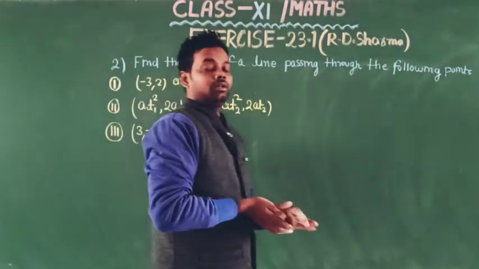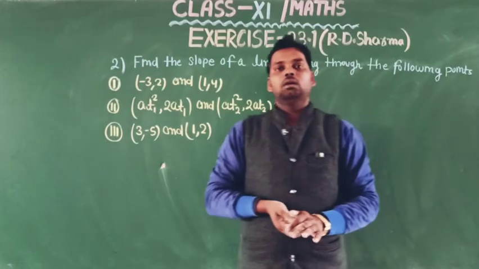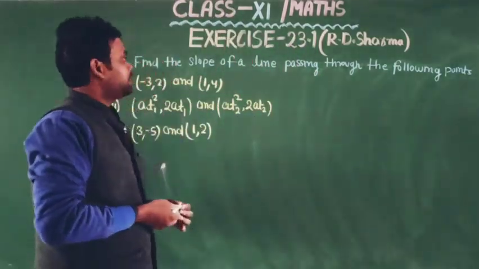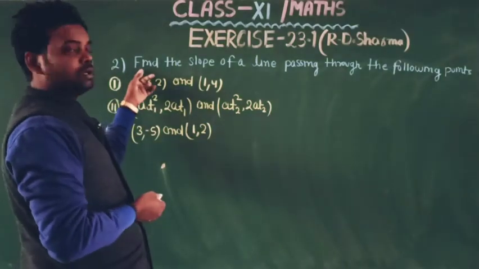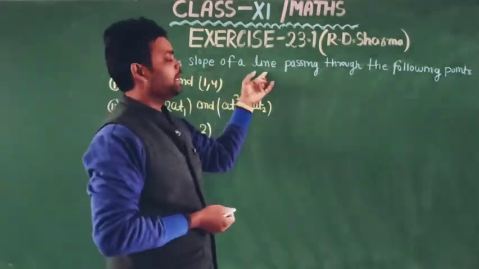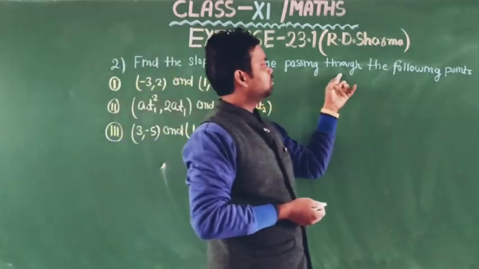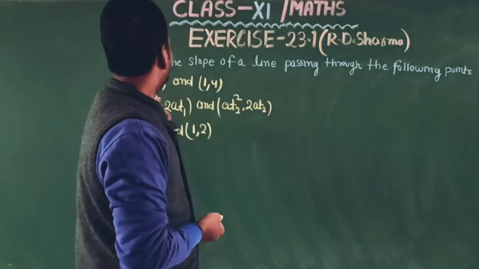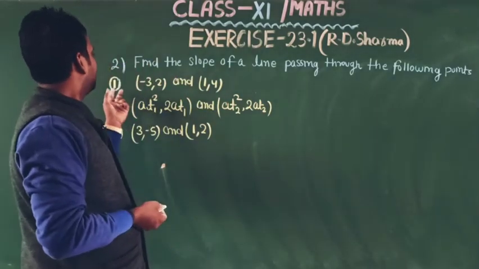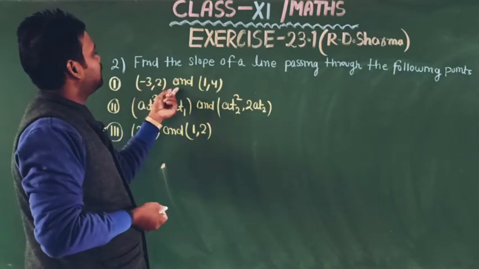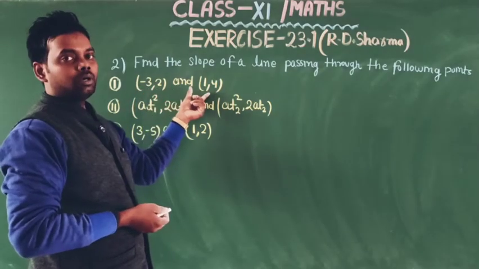Okay students, now move to question number two. In this question it has been said: find the slope of a line passing through the following points. The first part is (-3, 2) and (1, 4).